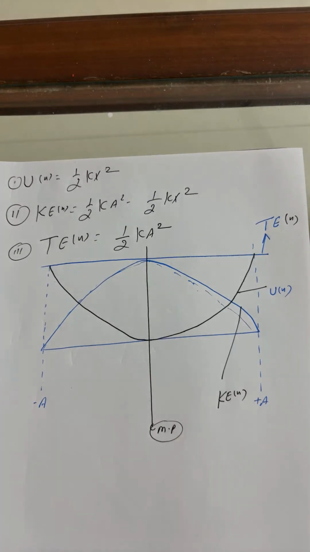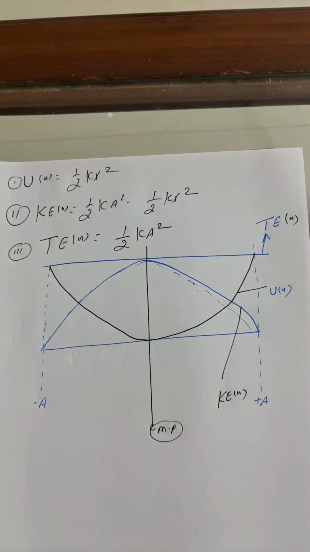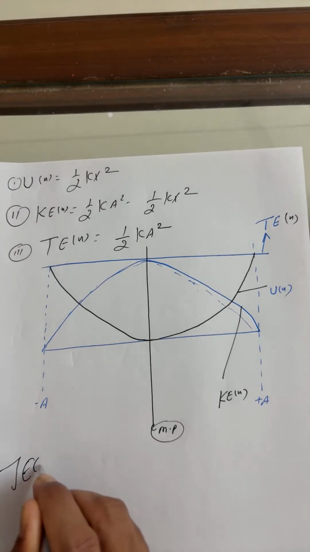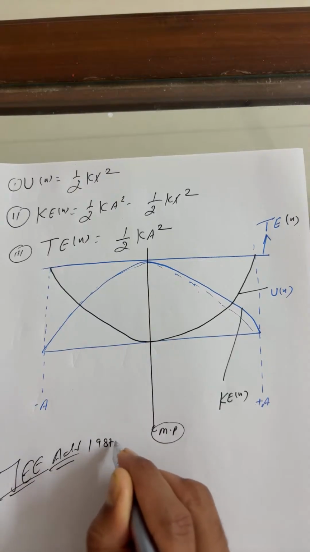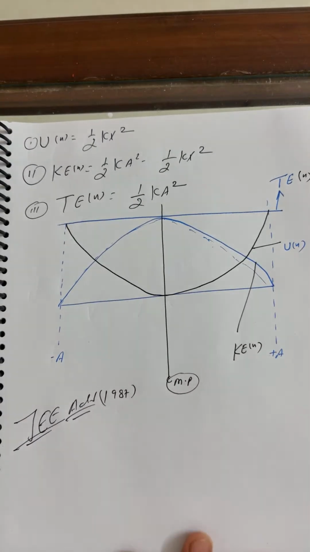After this, students, I'll not go into much detail, but there is one question here which I wanted to discuss, because those questions were also asked in JEE Advanced 1987. This is a 2 marks question.